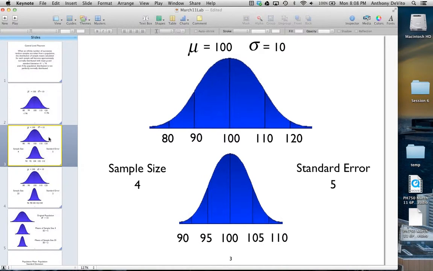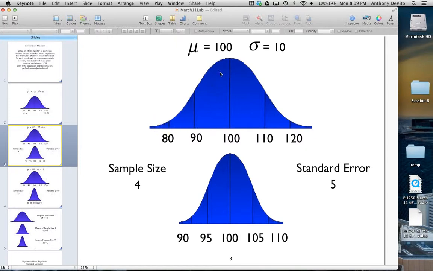One of the things that we learned when we did that sampling exercise last week was that if we take this population and repeatedly take samples of size 4, if I took an infinite number of samples of size 4, randomly picking 4 people out of this population and finding the mean, and 4 more people and finding the mean, and I plotted that new distribution of those means, we're not going to get 4 randomly selected people who are all at the very end here, or all at the other very end here.